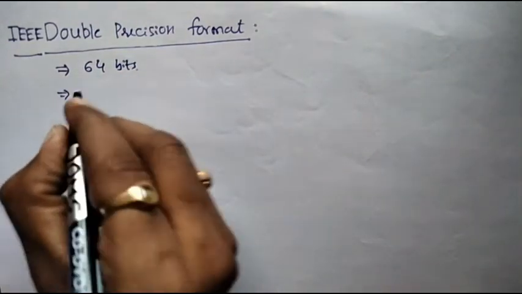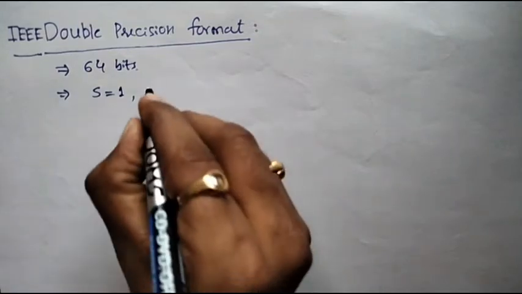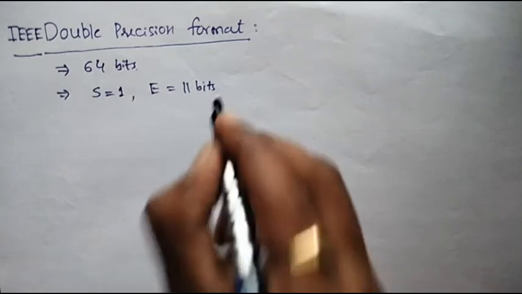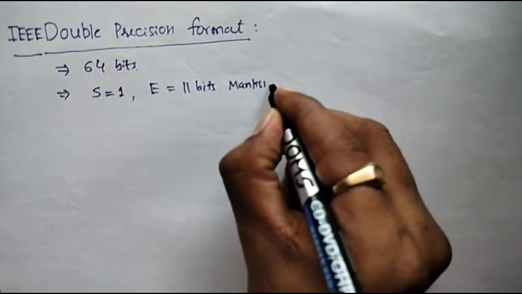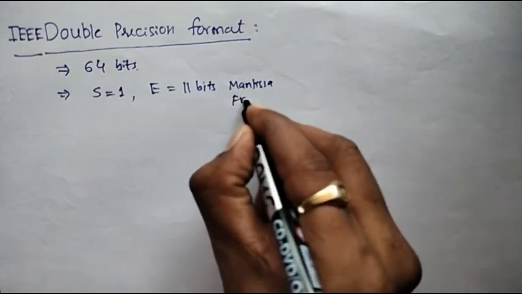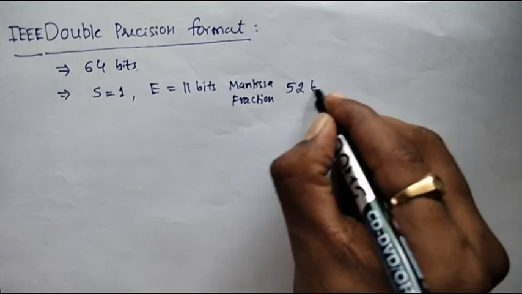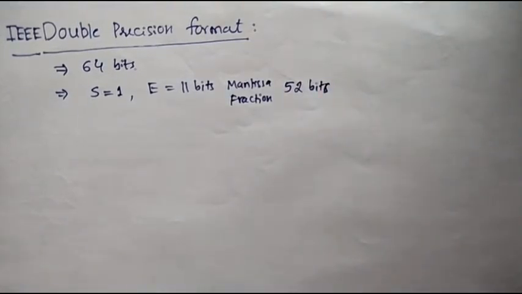In that, the sign bit has 1 bit, the exponent has 11 bits, and the mantissa or fraction has the remaining 52 bits. Let's see how to represent the IEEE double precision format.